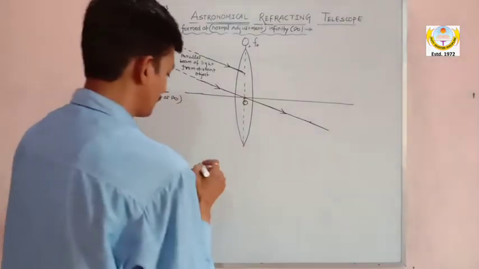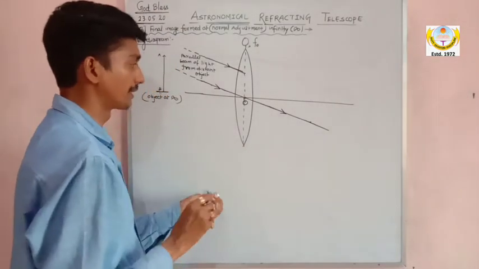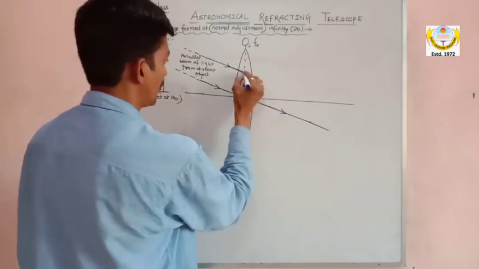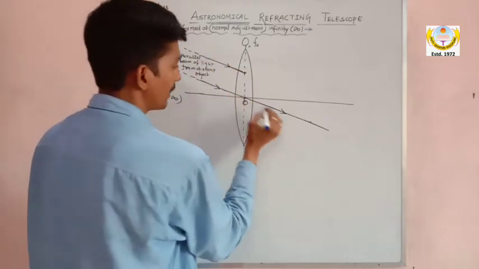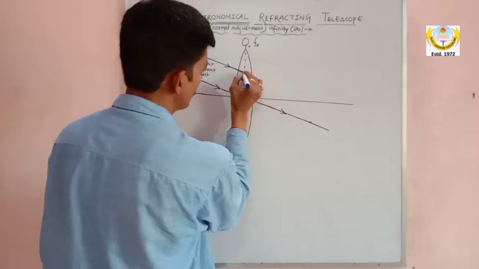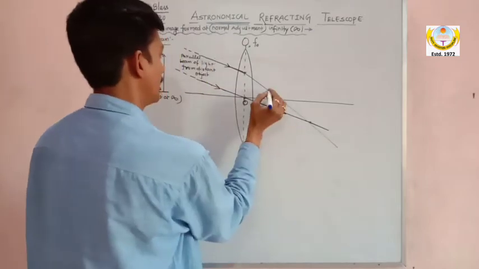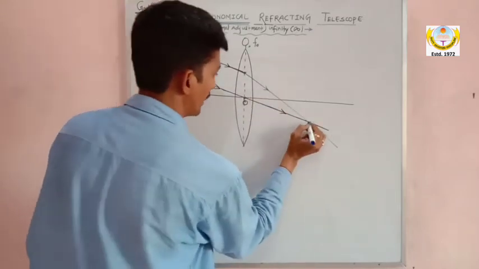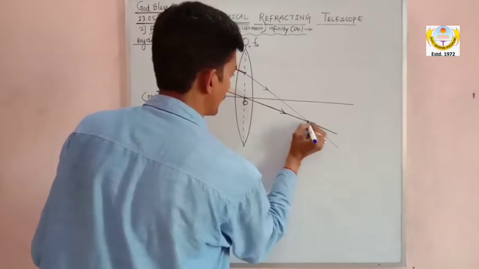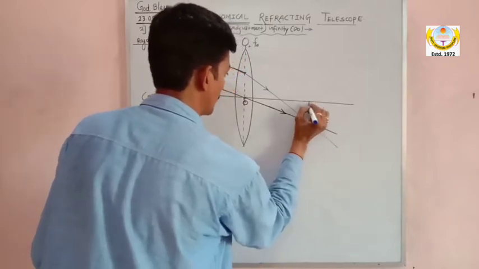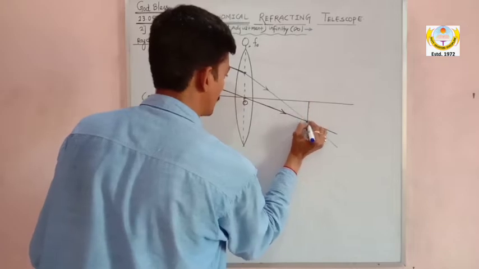Now my dear, simple concept, you all know that this parallel beam of light falls on the objective lens. It goes here and makes the image here, a diminished image, the real, inverted and diminished image.